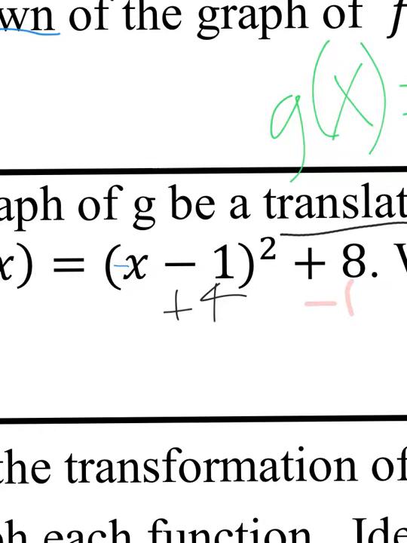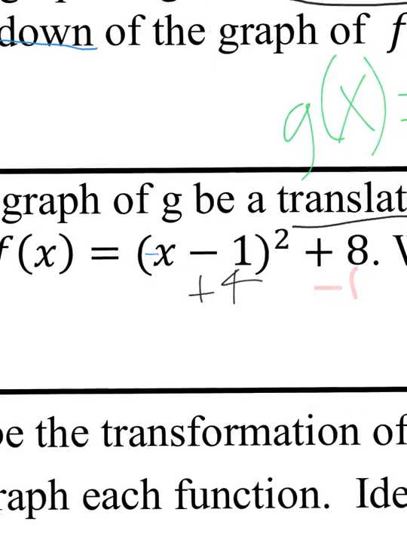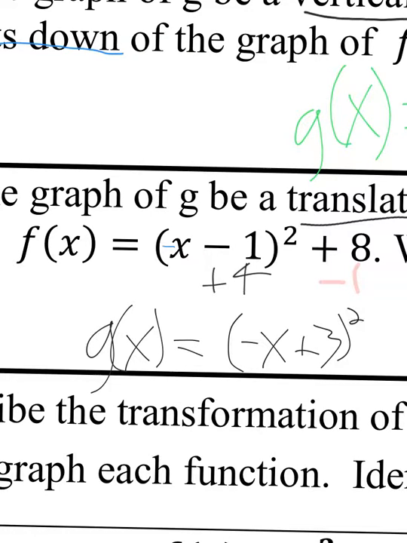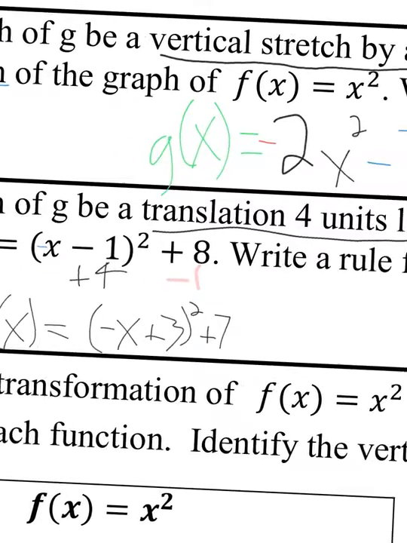Okay? So now I just need to rewrite my function with these numbers represented. So I have g of x equals, see how I changed f to g, negative (x plus 3) squared, and 8 minus 1 is 7, so plus 7. Okay? Now, let's identify the vertex.